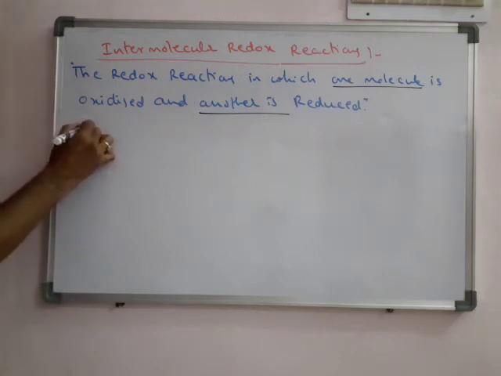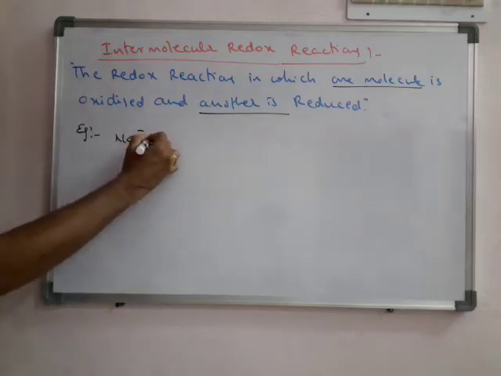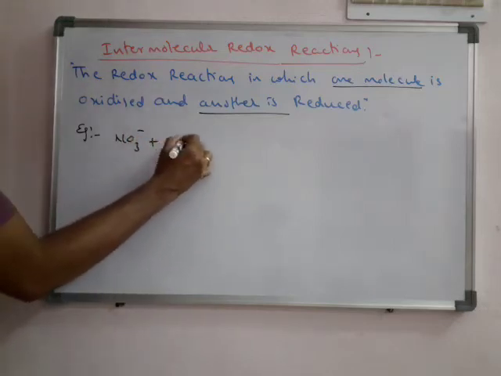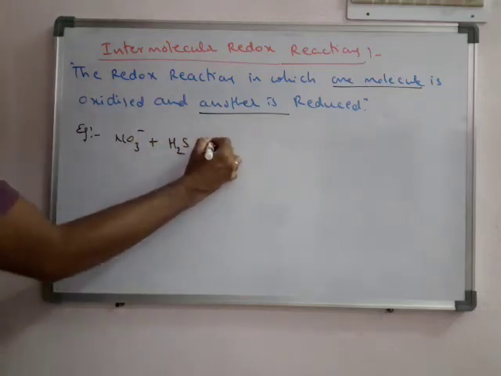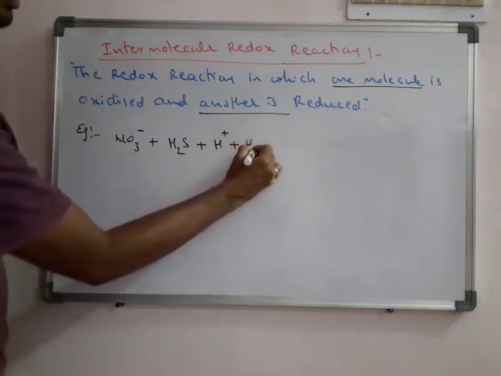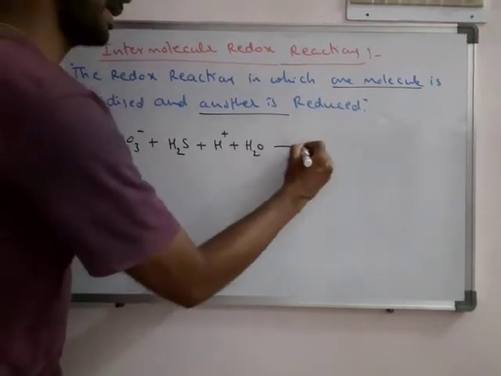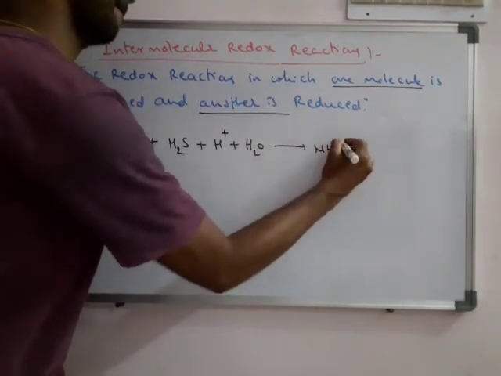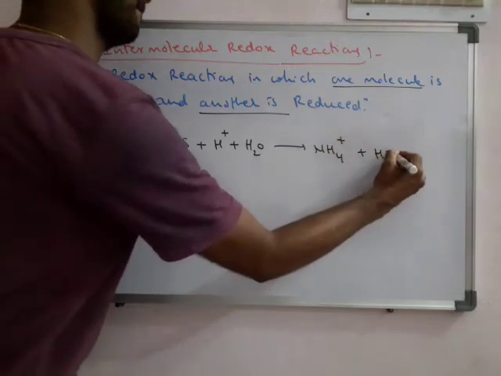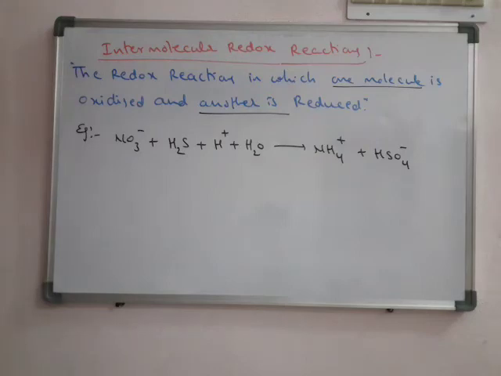If you see the examples, NO3 minus plus NH4 plus HS minus. Just remember the example, no need to learn these examples by heart. Just say which is oxidized and which is reduced.